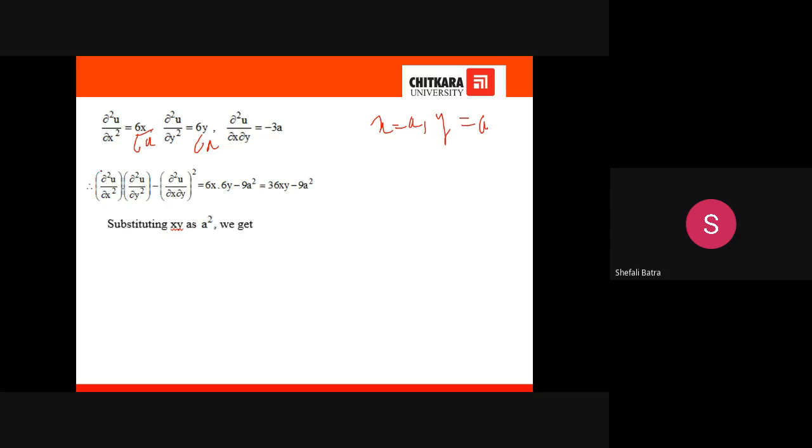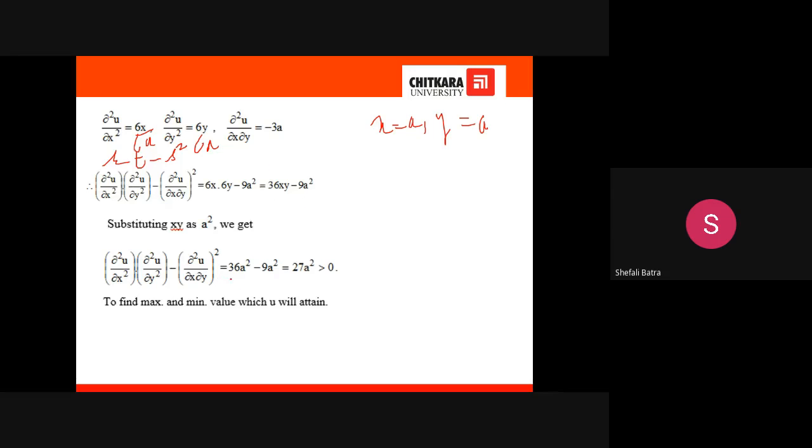So when you are getting rt minus s square, it would be 36a squared minus 9a square. So this is rt minus s square, that is 36a square minus of minus 3a square, 9a square, 27a square, that is greater than 0, right?